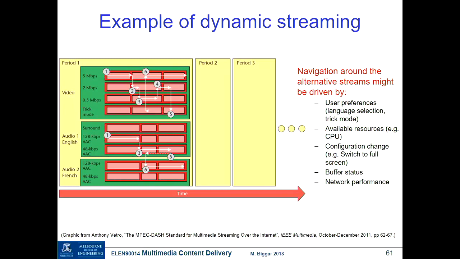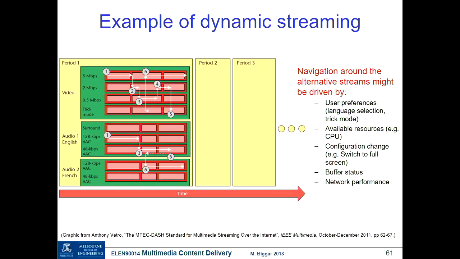And then they play on at that low rate for a bit. The network congestion improves, the buffer is starting to increase, so we go up to the higher bit rate at point number 4. But then we can also use this adaptive, or multi-rate, multiple version file structure not just to adapt to network variations, but also for different capabilities.